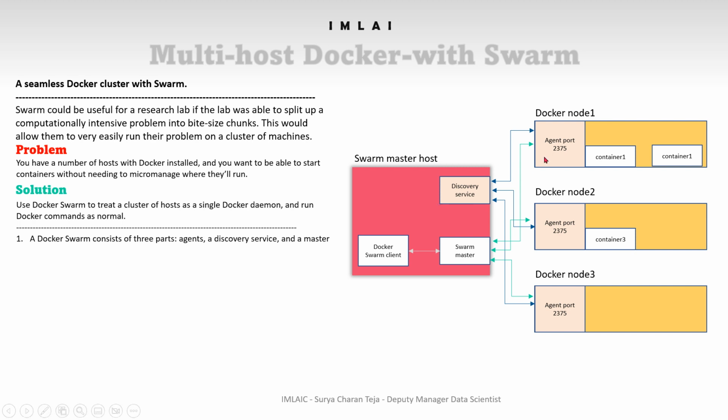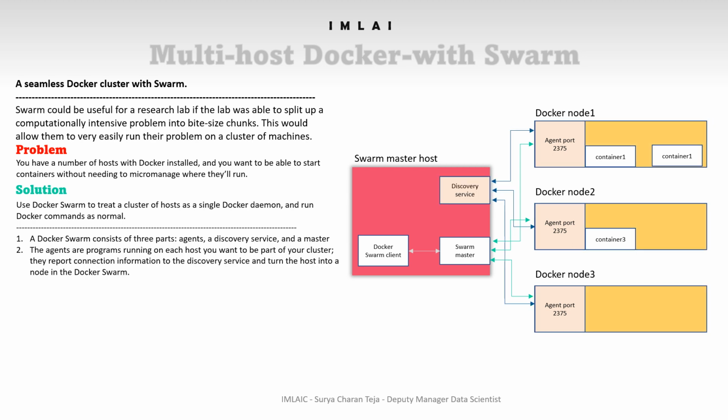Here we have taken three hosts with the agents installed on them. The agents are programs running on each host you want to be part of your cluster. They report connection information to the discovery service and turn the host into a node in the Docker Swarm.